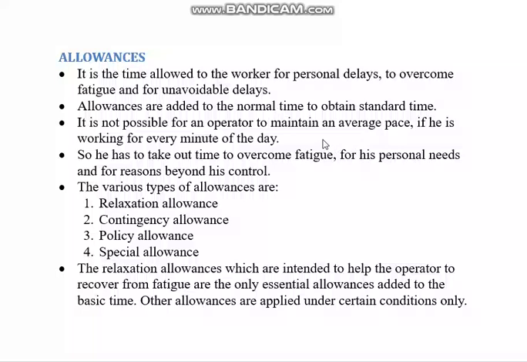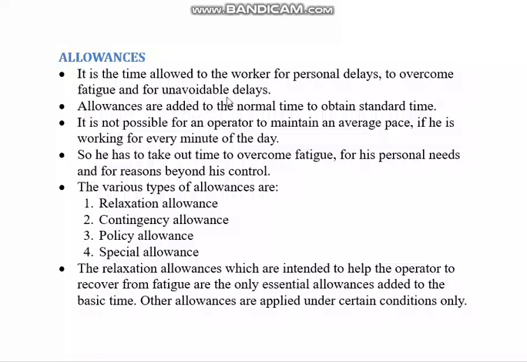So now let us see about the various allowances that are given to a worker when he is performing his work. What are allowances and why are they given? An allowance is a time allowed for the worker for his personal delays, to overcome fatigue, and for unavoidable delays.